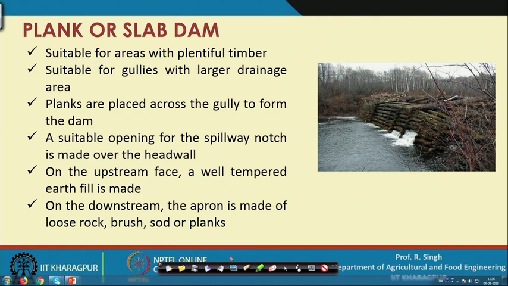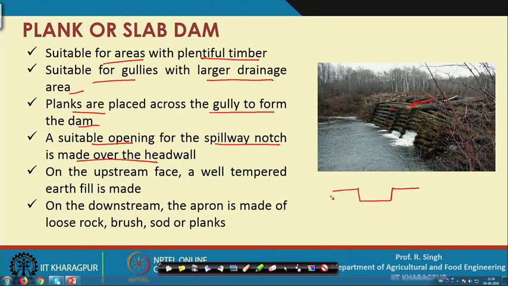Then we have plank or slab dam, which is suitable for areas with plentiful timber and for gullies with large drainage areas, and these planks are placed across the gully to form the dam. As you can see here, these planks are placed to form the dam, and a suitable opening for the spillway notch is made over the head wall. So, some kind of opening will be provided here, so they are placed something like this so that a suitable opening is there.